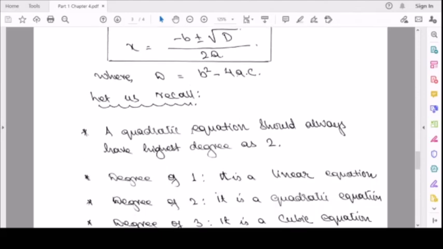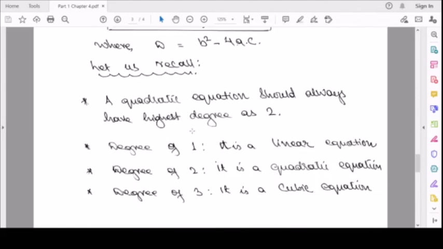Okay, now let us recall what we have learned up till now. A quadratic equation should always have the highest degree as 2. Why? Because if the degree is 1, that will be called a linear equation. If the degree is 3, it is a cubic equation.